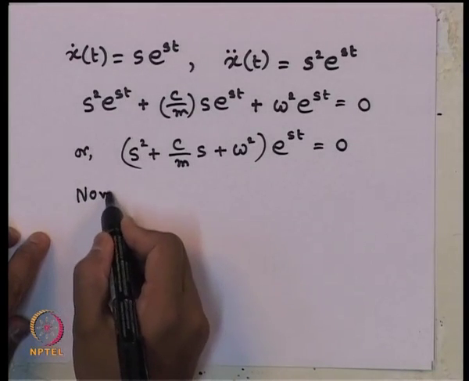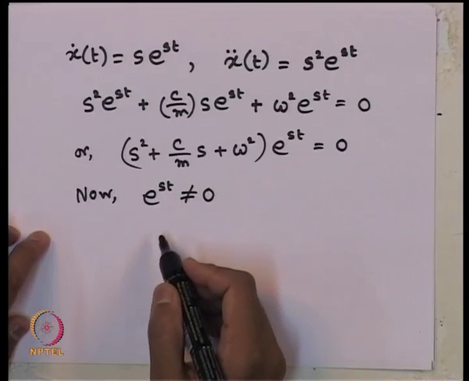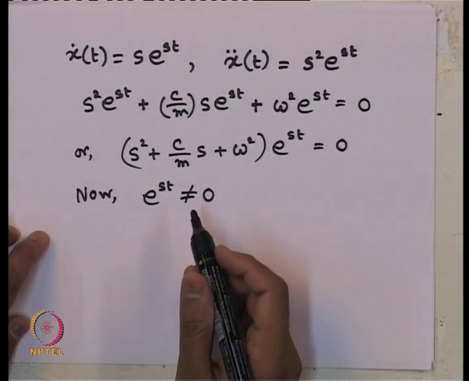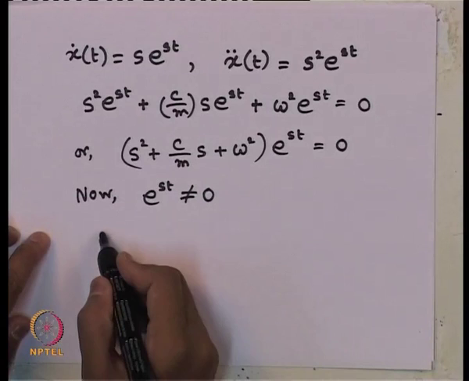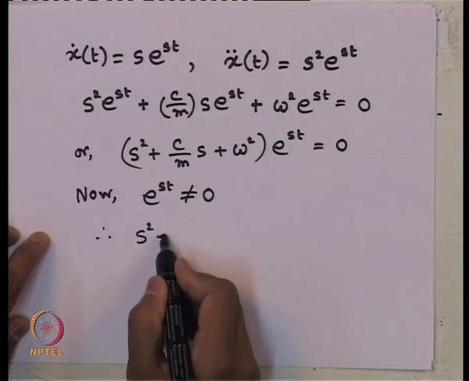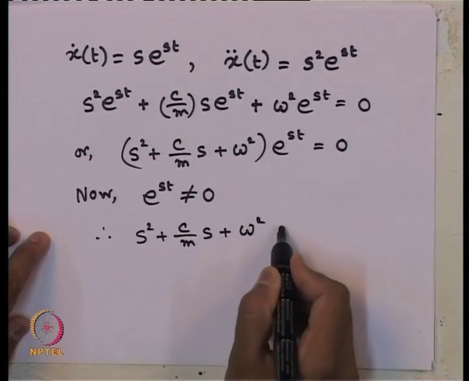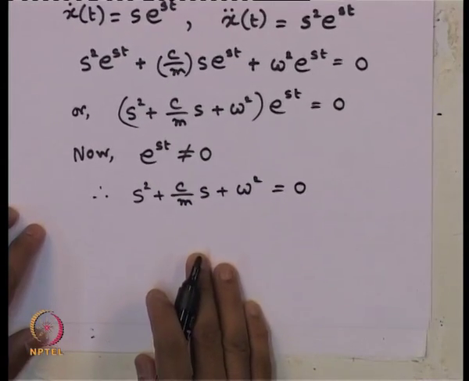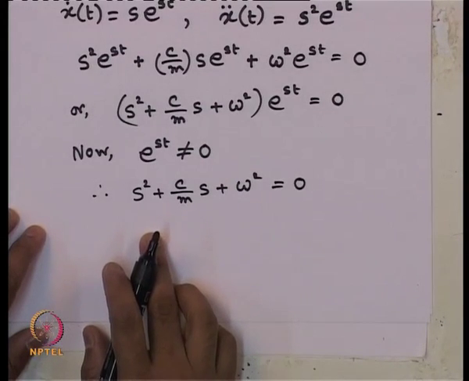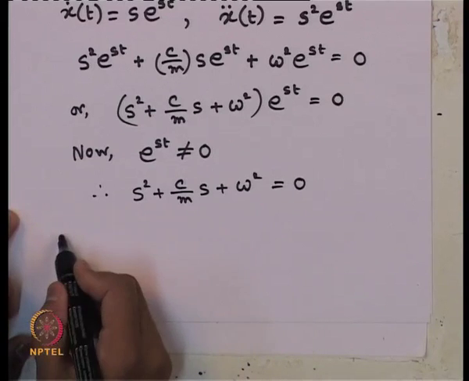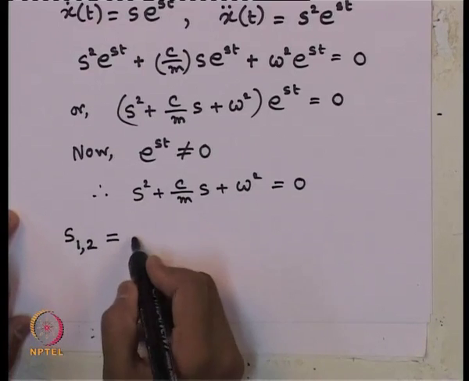Now, e to the power s t cannot be 0, because otherwise it will give a trivial solution. So, this component has to be 0. Therefore, s square plus c by m s plus omega square has to be 0. So, solving this equation, we will get two roots, root 1 and root 2 of s.